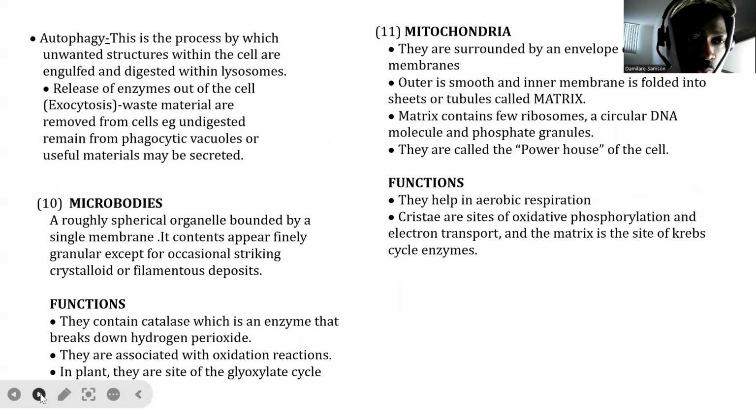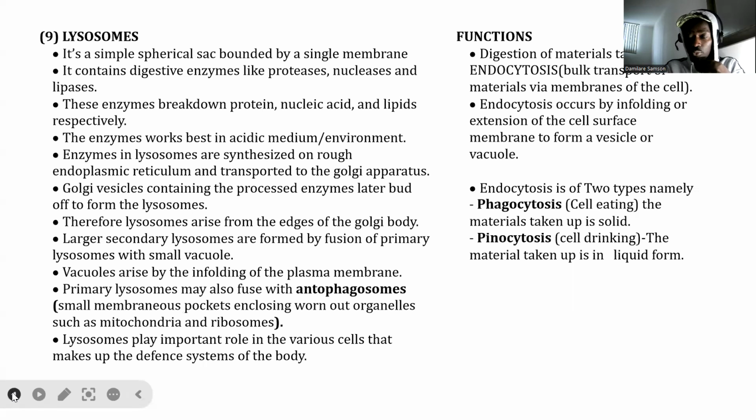Another one is autophagy. This is the process by which unwanted structures within the cells are engulfed and digested within the lysosome. Then there is exocytosis, the release of enzymes out of the cell. Remember, endo is different from exo. Waste material is sent out of the cell, for example undigested remains from a phagocytic vacuole, or useful materials may be secreted.